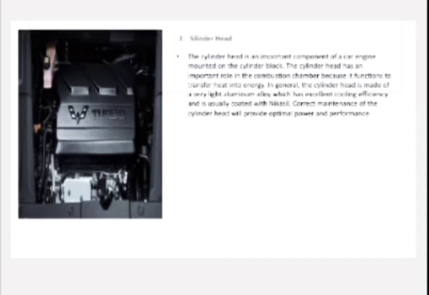In general, the cylinder head is made of a very light aluminum alloy which has excellent cooling efficiency and is usually coated with a nacelle. Correct maintenance of the cylinder head will provide optimal power and performance.